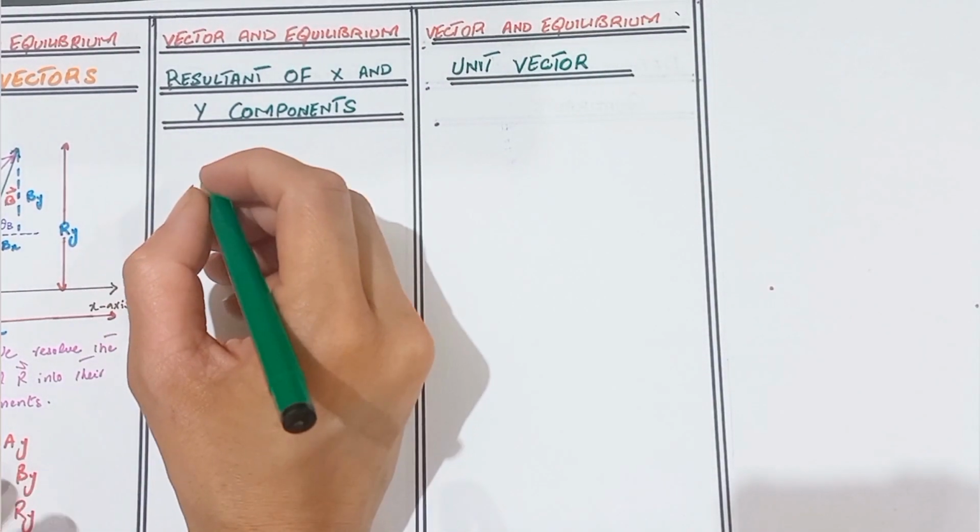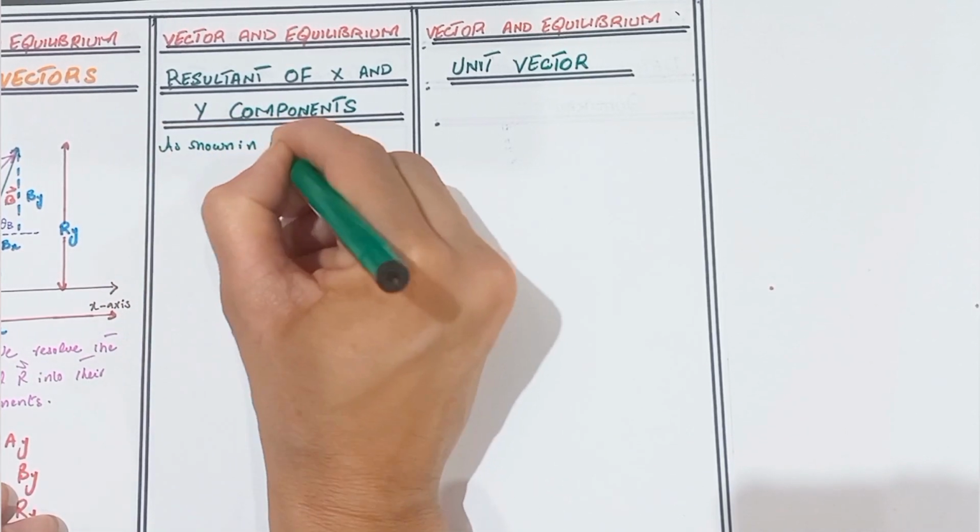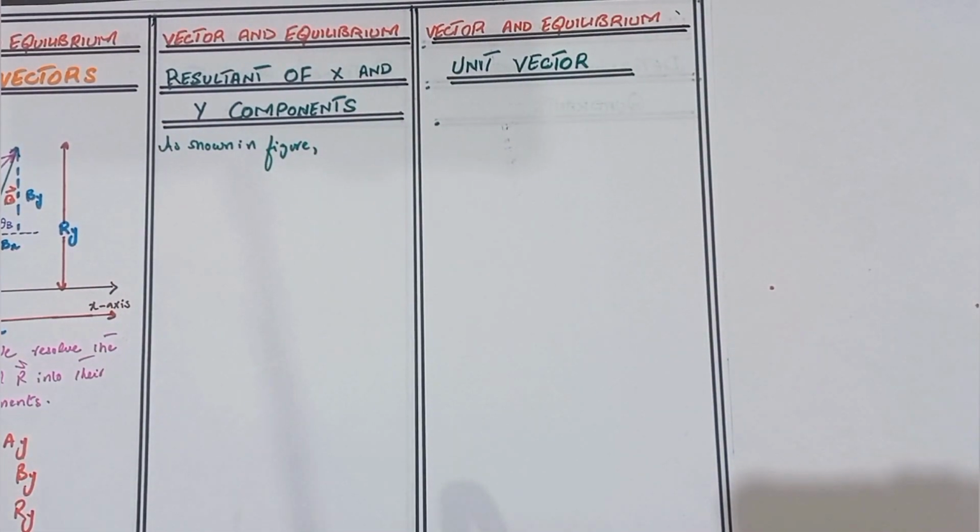Now we write the resultant of the X component as shown in the figure.